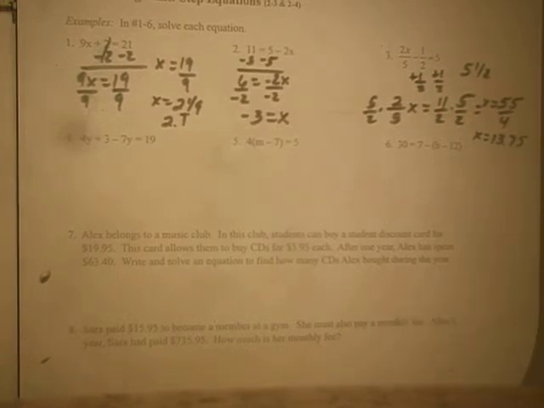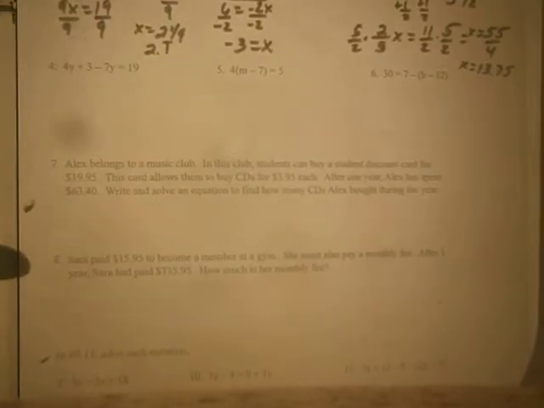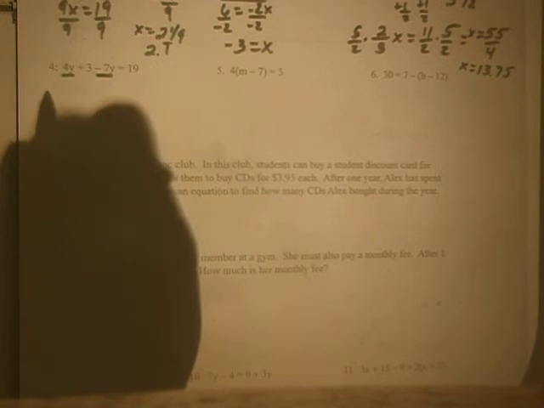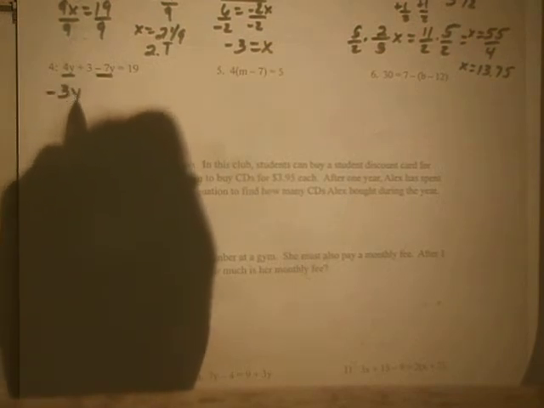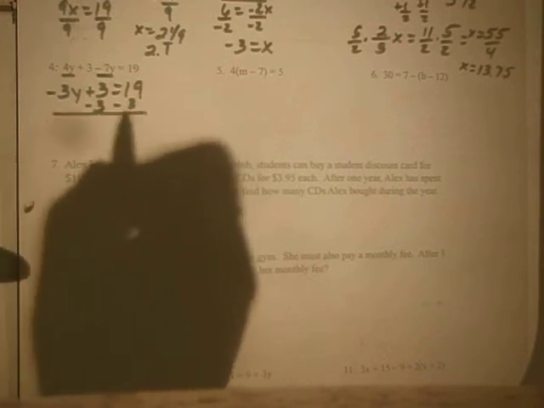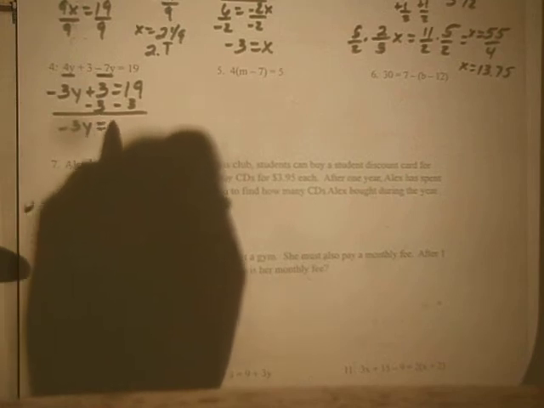Number 4, we need to combine like terms. 4y subtract 7y is negative 3y plus 3 equals 19. We will subtract 3 from both sides, which becomes negative 3y equals 16.